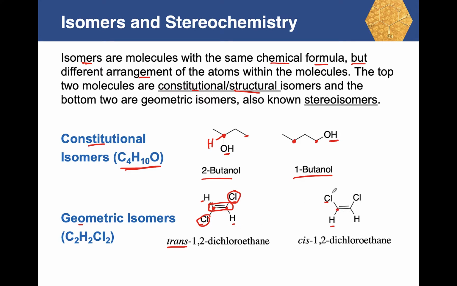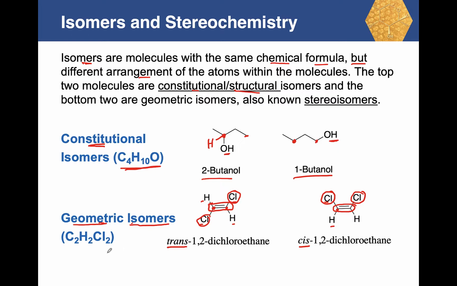In this isomer, the two chlorine atoms are on the same side of the double bond, and it's called a cis isomer. So these are known as geometric isomers, and these are called constitutional isomers. The difference here, again, let me emphasize, for the geometric isomer is that the bond connectivity is the same except the arrangement in 3D space.